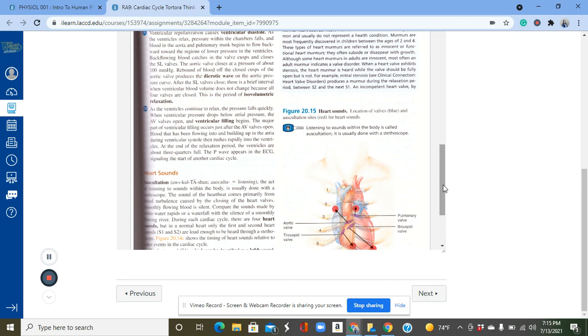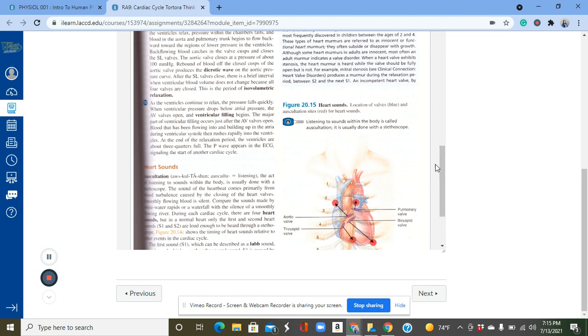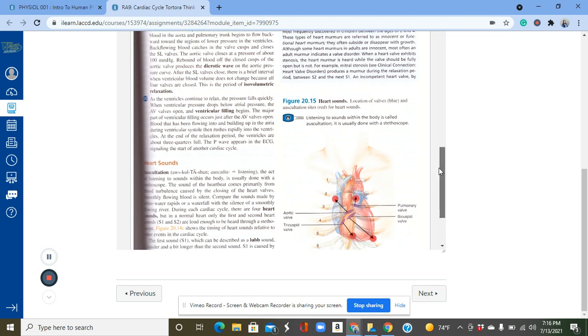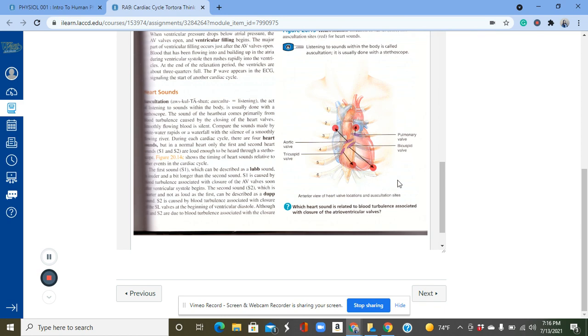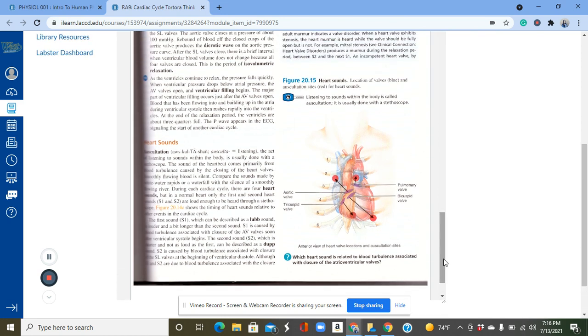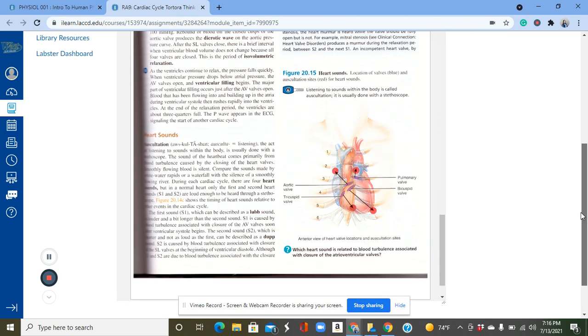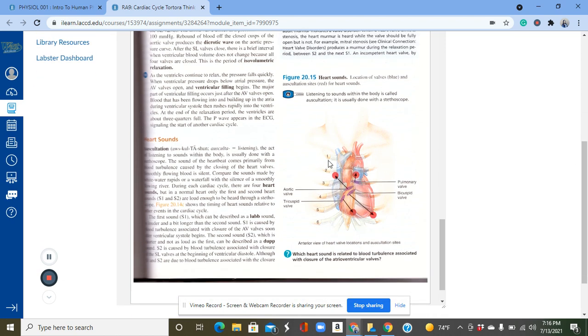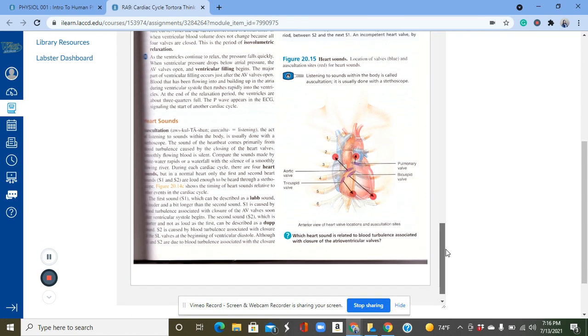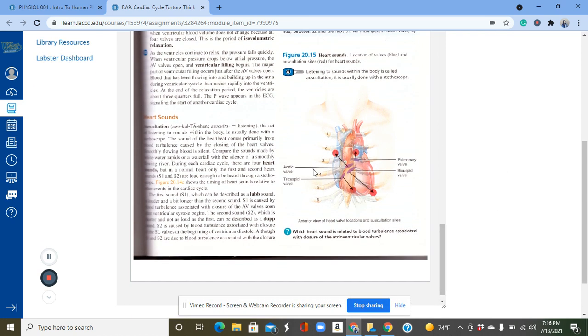So Figure 20.15, heart sounds: location of valves in blue, and auscultation sites in red for heart sounds. Basically, this is the area in which most physicians look for sounds when they use the stethoscope. So they look at the aortic valve, the tricuspid valve, the pulmonary valve, and the bicuspid valve.